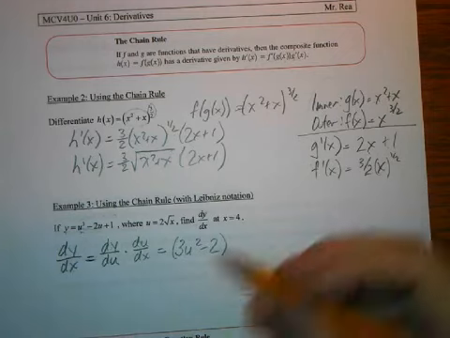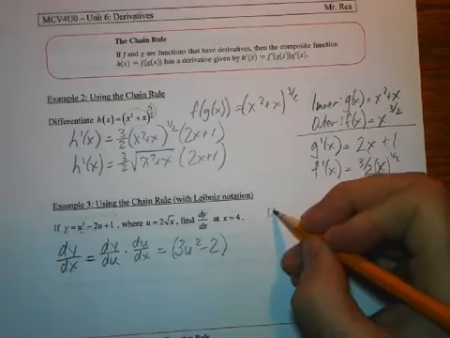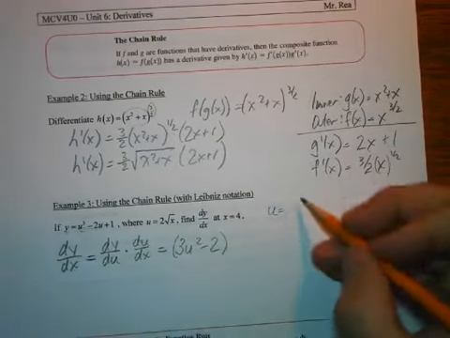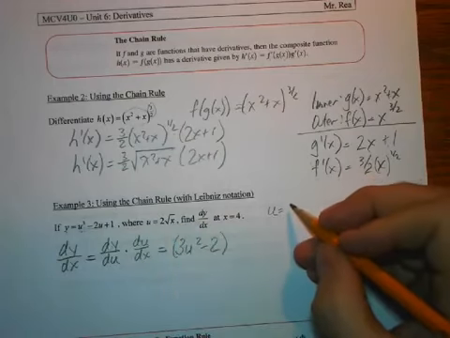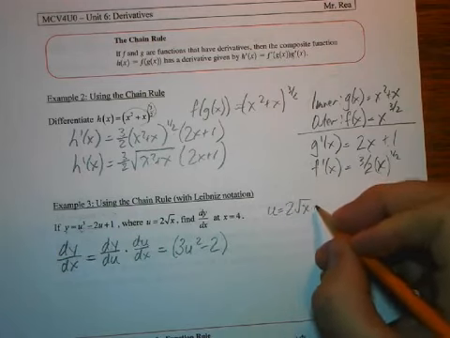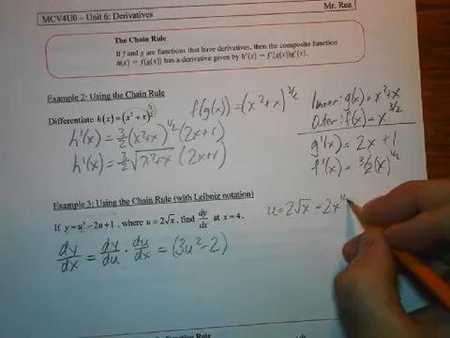And then now we're going to multiply by du by dx. Just to make this a little more obvious as to what I'm doing, I'm going to change the radical sign to an exponent. So 2 root x is the same as 2x to the 1/2.